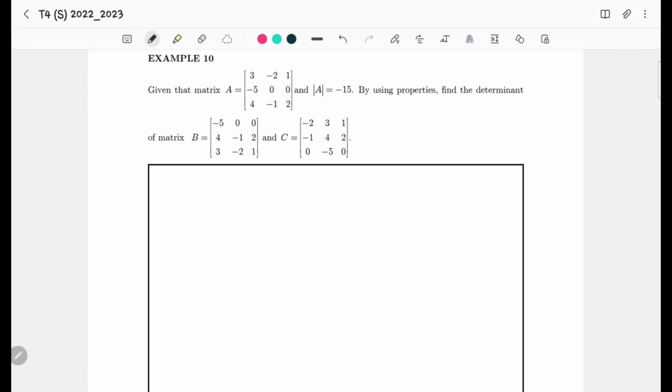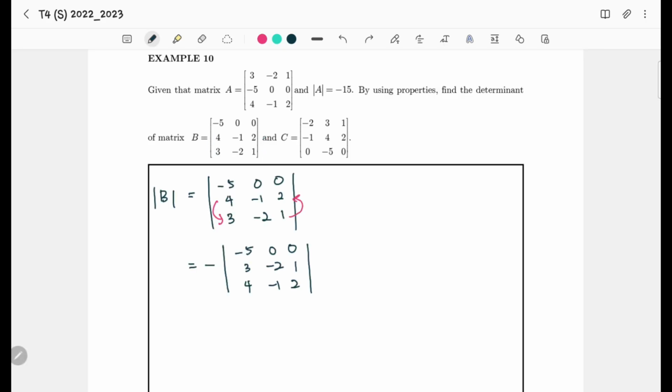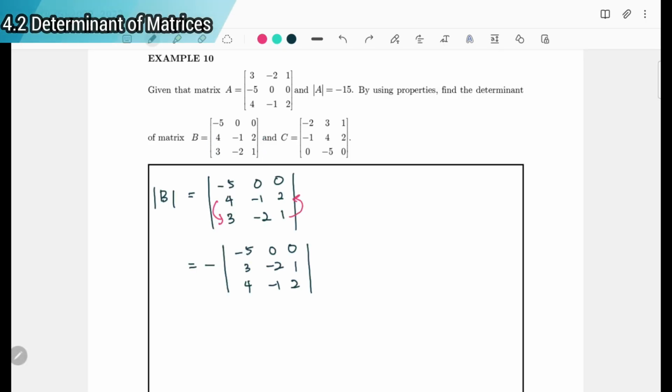If you interchange the rows, then the determinant of the new matrix times negative will still be the same as the determinant of matrix B, right?